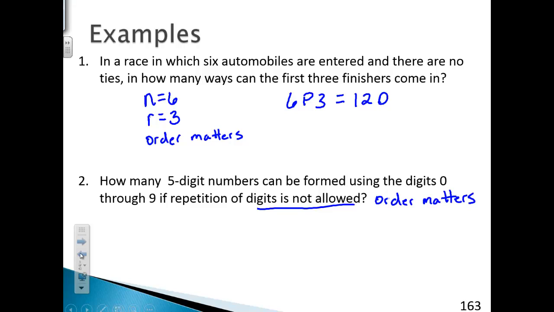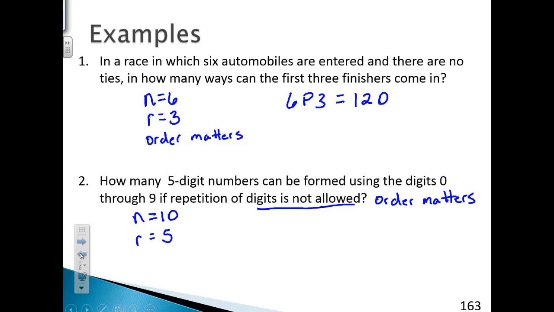We have a 5-digit number being formed from the digits 0 through 9. So, N is equal to 10. And the reason why is because 1 through 9, that's 9 digits, but when you add 0 in there, that's your 10th digit. So don't forget that 0 through 9 is actually 10 digits.